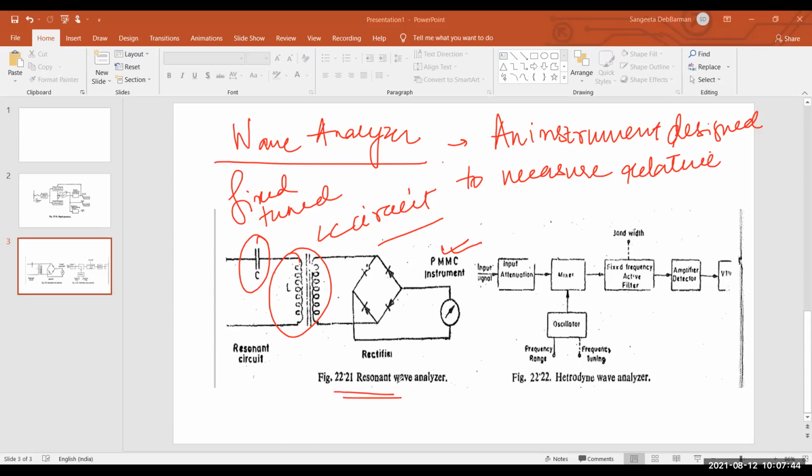The applications are particularly where the fundamental frequency is known and where qualitative rather than quantitative analysis is required.